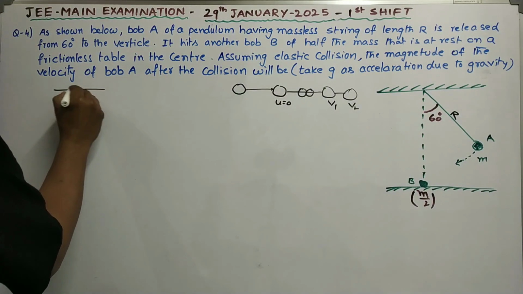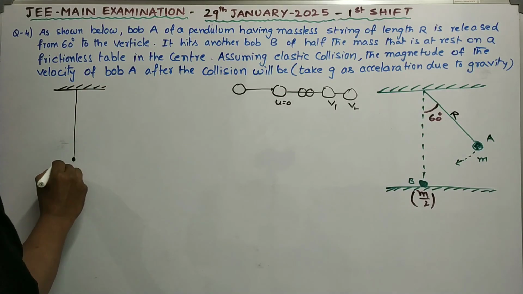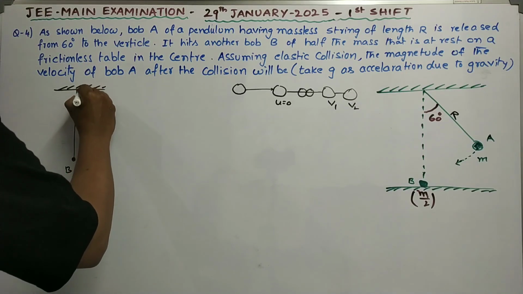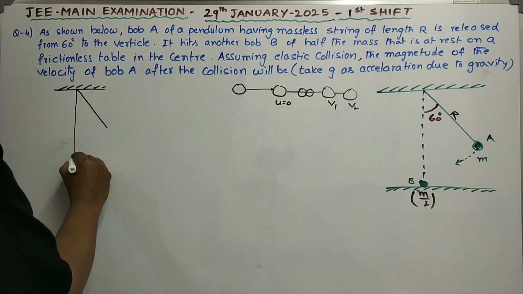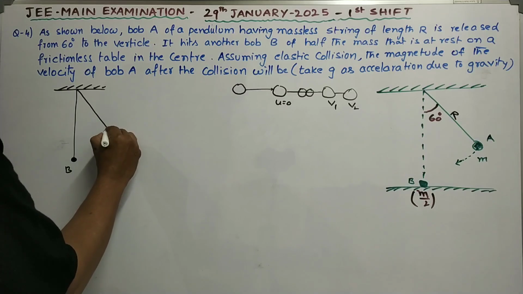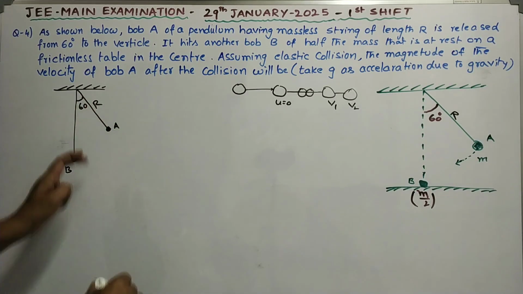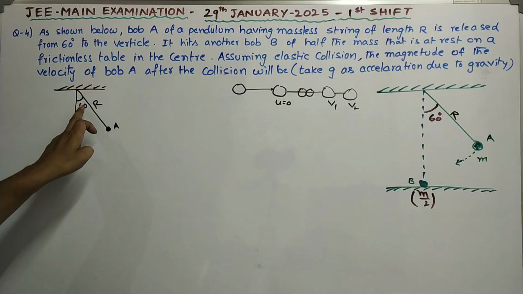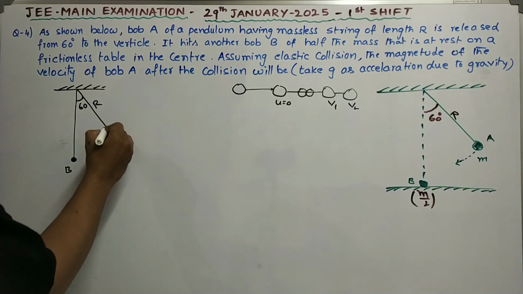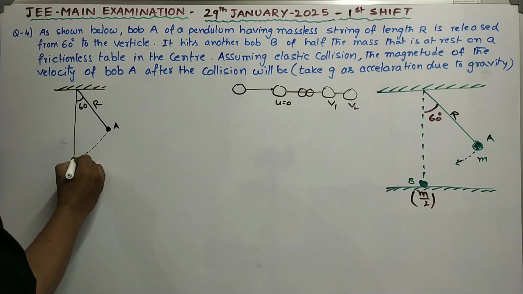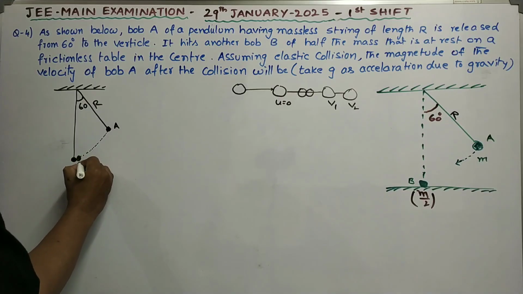For that you can use the conservation of energy. This is bob B, initially at rest. This bob B is hit by another bob A, which is released from rest, making an angle theta with respect to the vertical. This body slowly gains velocity and hits bob B. Collision takes place.